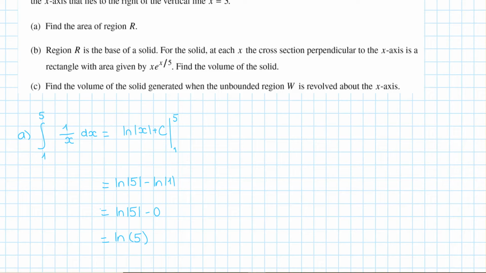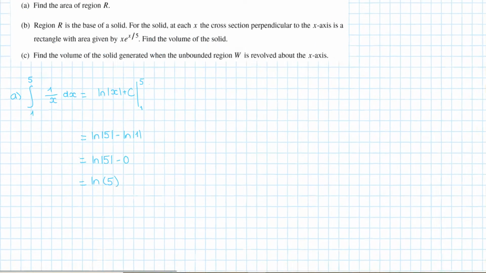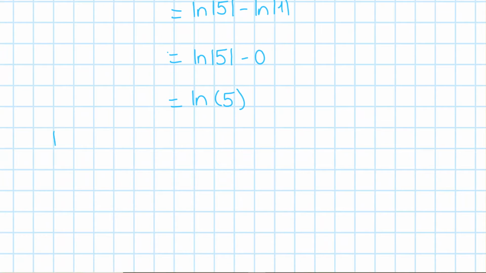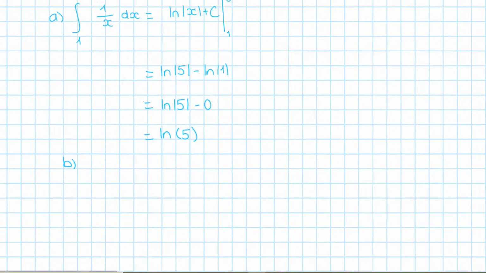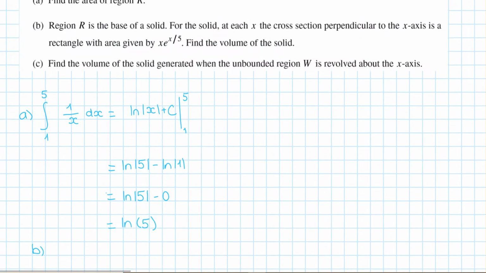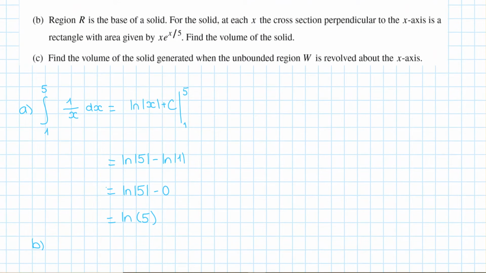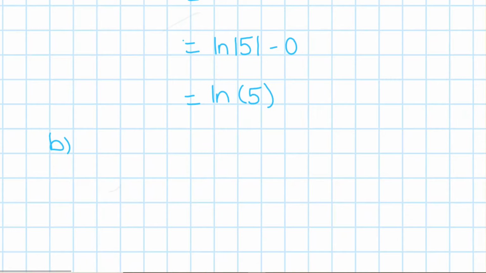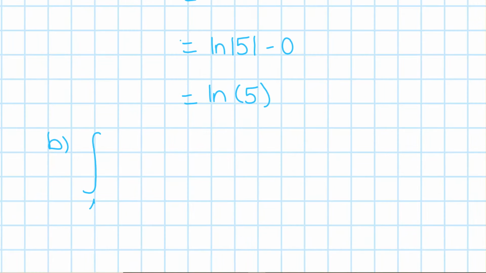Typically, in this question, my instinct was to think about the area of a rectangle, which is base times height. However, they give you the area already, so simply just plug in the integral from 1 to 5 of x e to the x over 5 dx.